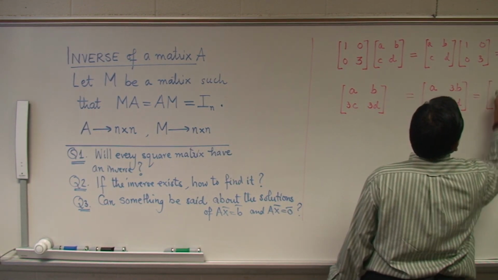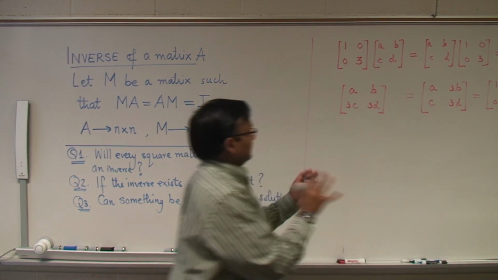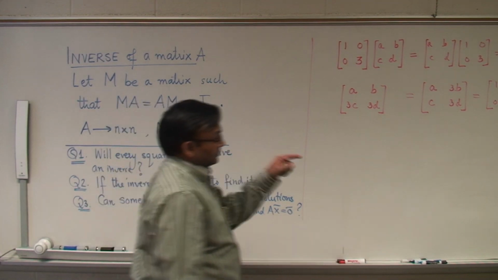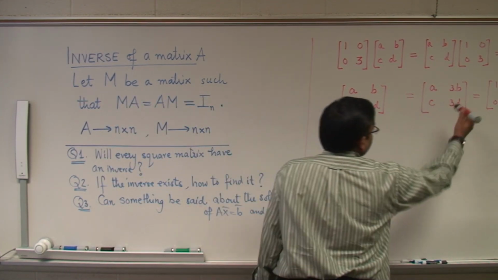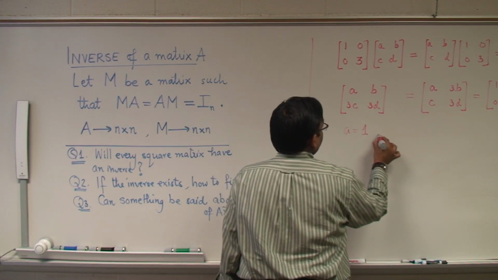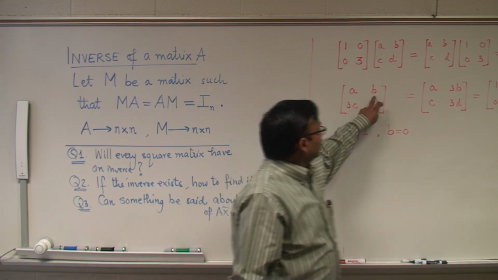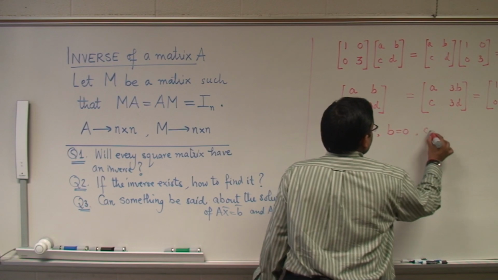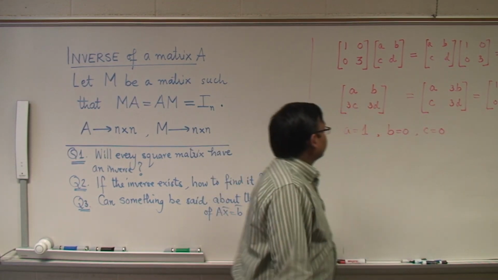Notice that both multiplications have kind of given us different looking matrix, but we want both of them to equal the identity matrix. So if I compare these with the identity matrix, one thing is clear, that A must be 1, B must be 0, because once B is 0, both these entries will be 0, so they match. C should be 0, same idea. If C is 0, then both these entries match 0.